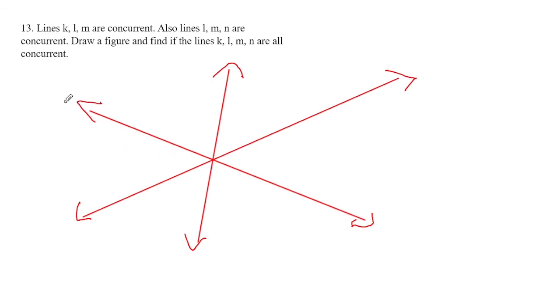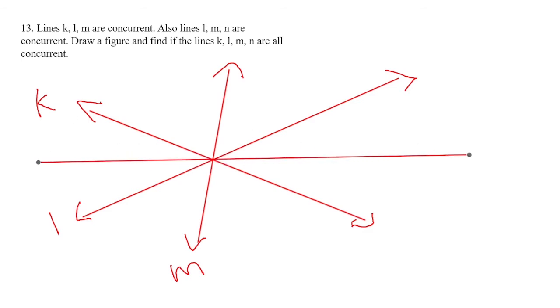Now this line is K, this is L, and this is M. Okay, they all are concurrent. Now we have one more line which joins the family, which is line N, and it is concurrent to line M and L. So this is line M and this is line L. We have one more line in the family, and this line is N, and this is concurrent to L and M. Is it concurrent to other lines as well?